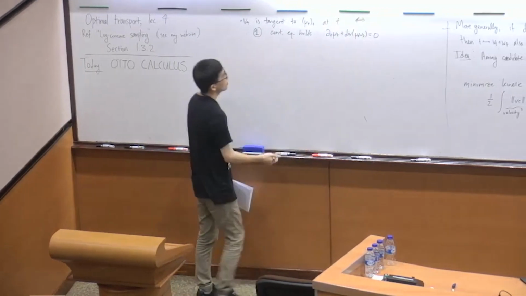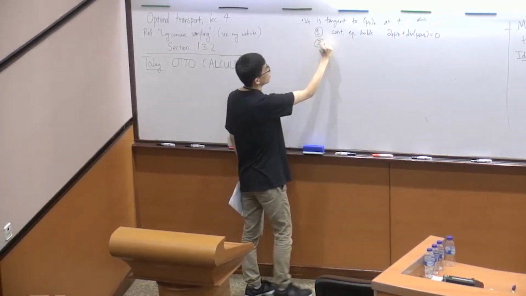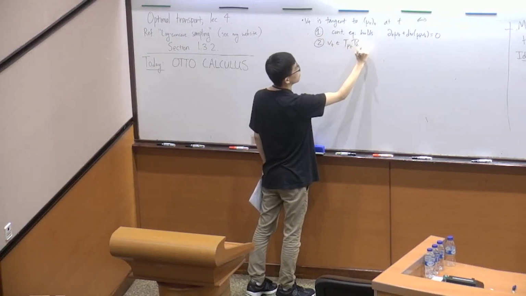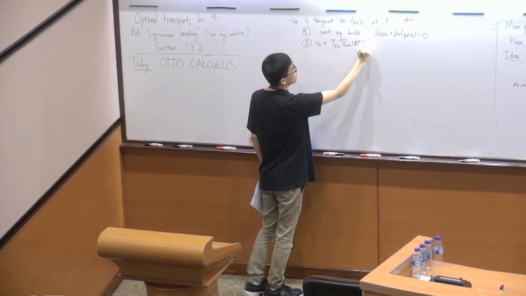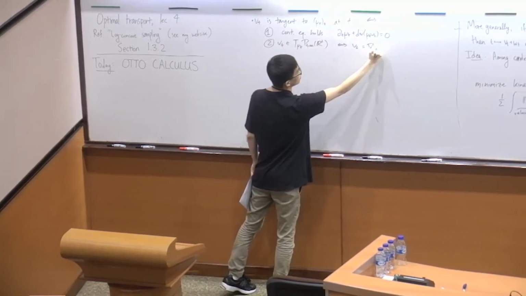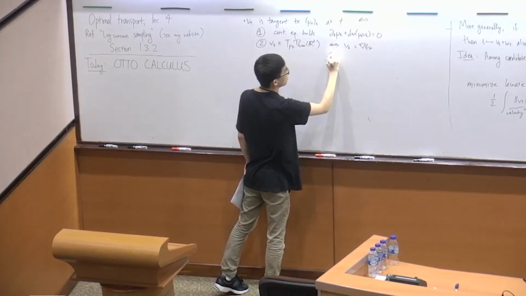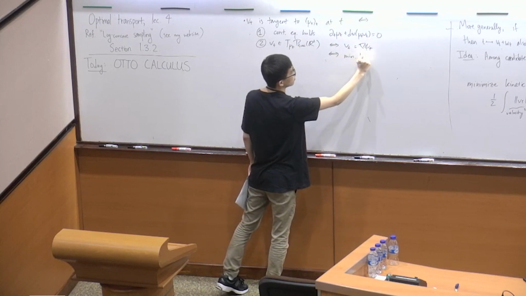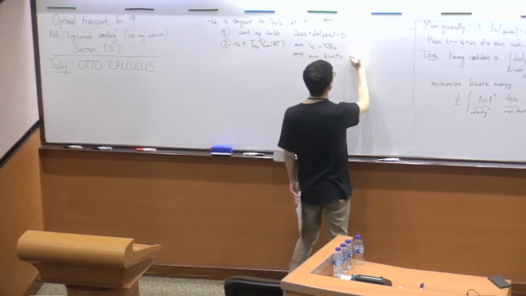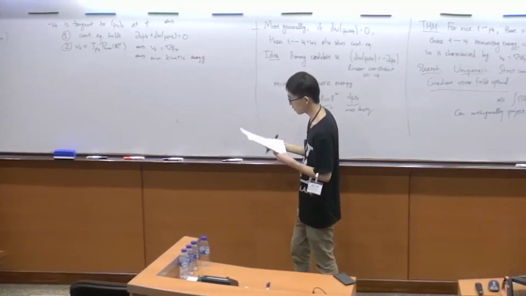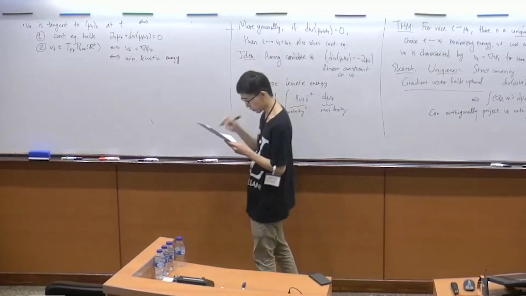That's the first requirement. And then the second thing is that Vt should actually belong to this tangent space, which morally is equivalent to being the gradient of a function, equivalent to minimizing kinetic energy. Okay, so these are the two requirements to be a tangent vector to a curve.